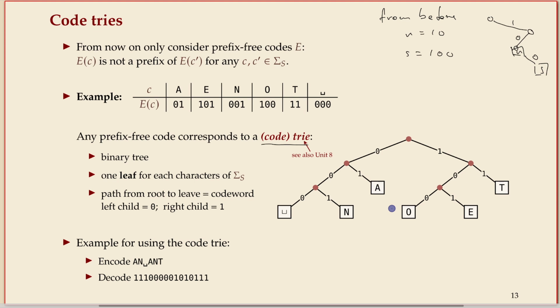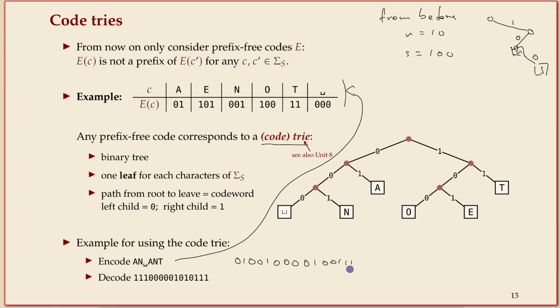It's also convenient for encoding and decoding. If you want to encode something, you use a table like this. So if I want to encode AND, I just look up A is 0, 1, N is 0, 0, 1, space is 000, then another A, 0, 1, another N, 0, 0, 1, and a T for 1, 1.